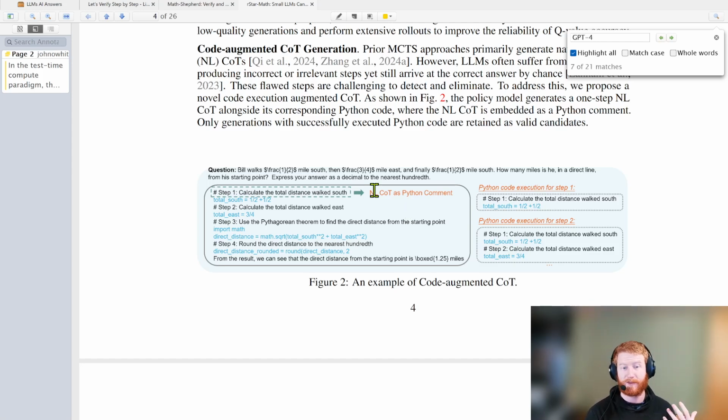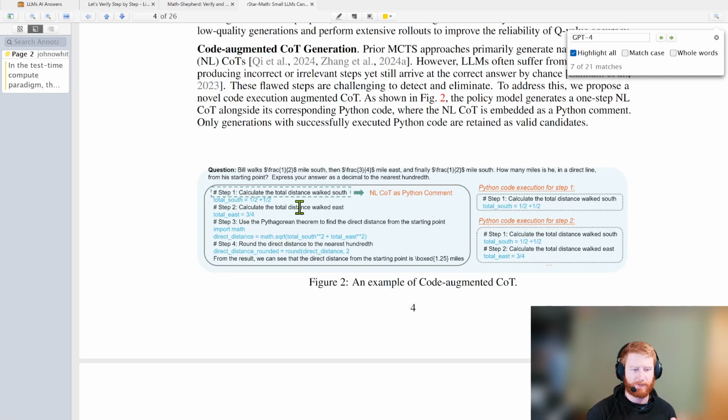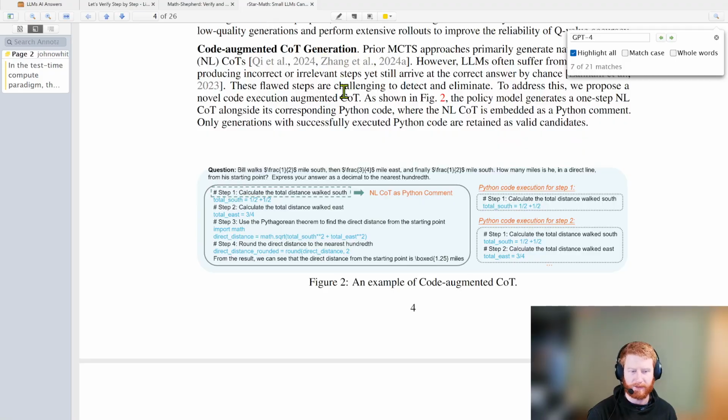Okay, and so that is phrased as an additional way to verify what's going on. But it also brings up that this model is able to answer using code. You might be comparing it to all these other models, but none of these are able to actually run Python code, whereas this one is.